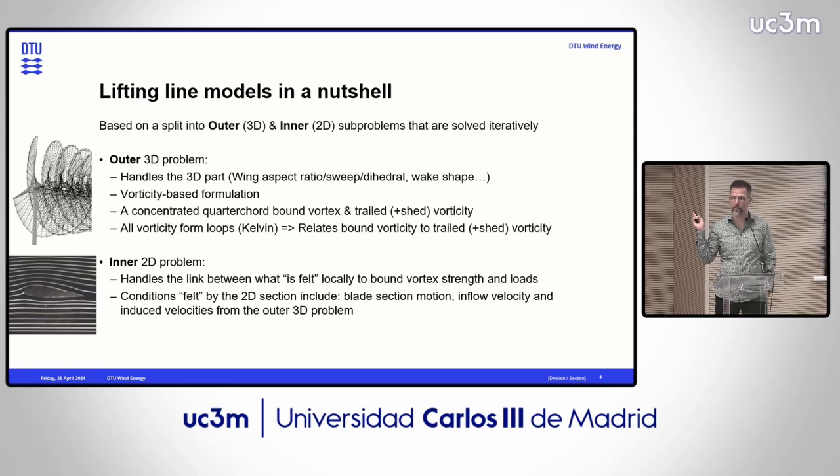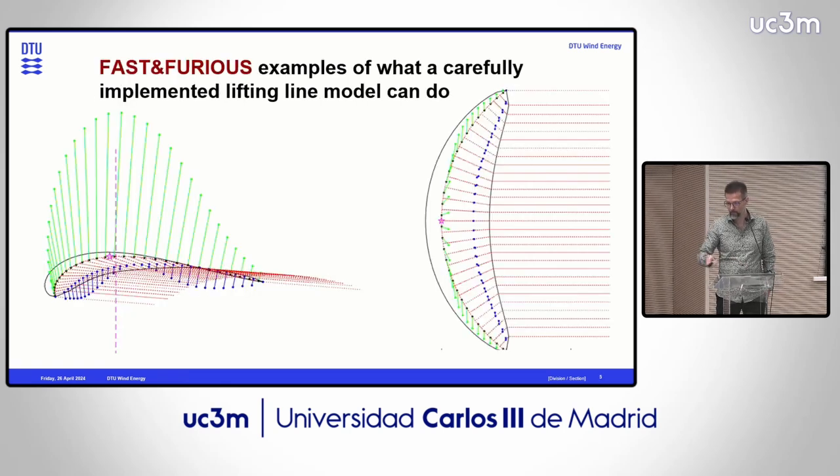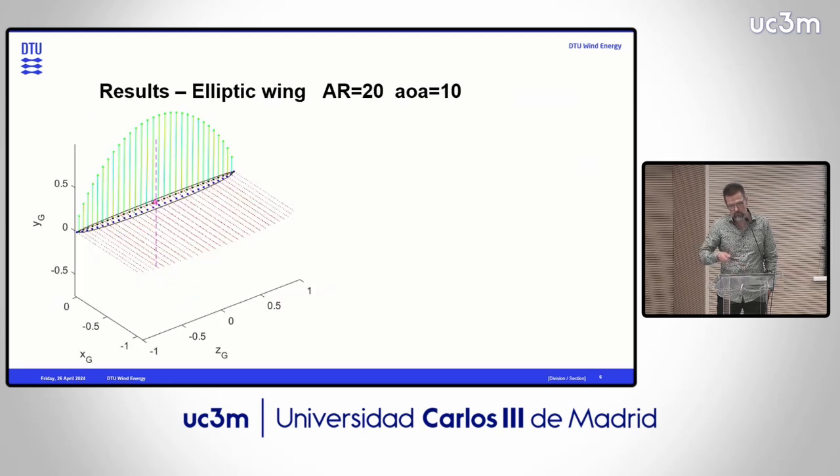I talked about this at WESC in 2023. I made my versions of how I think a lifting line model should be implemented, and I'm going to run through, cartoon style, the performance of such a model. What these next 10 slides will show is a setup, like an elliptic wing of high aspect ratio, and then the next slide will show the performance.